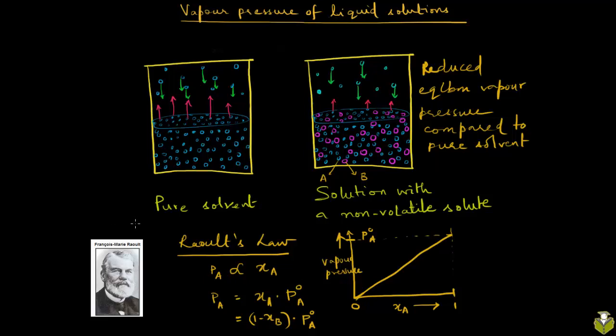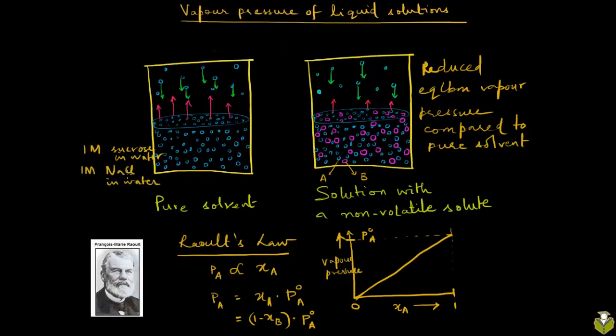If you were considering many solutions of the same molarity, it's not necessary that the number of solute particles in all those solutions is the same. What I mean by that is, let's say you take 1 molar sucrose in water, and you take 1 molar NaCl in water.